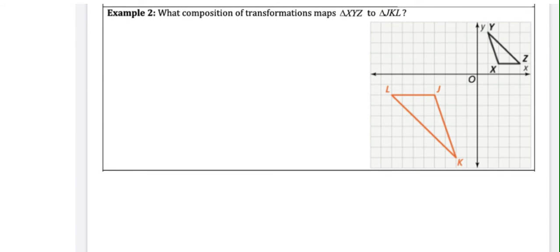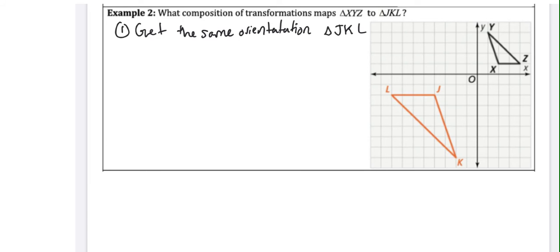All right, now example 2 says what composition transformation maps this XYZ to JKL? So the first step we can do is get the same orientation of our final image or triangle JKL.